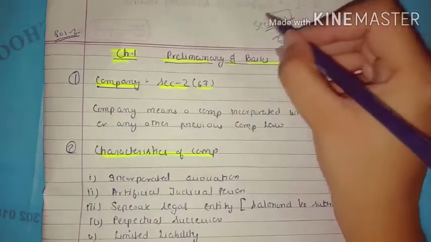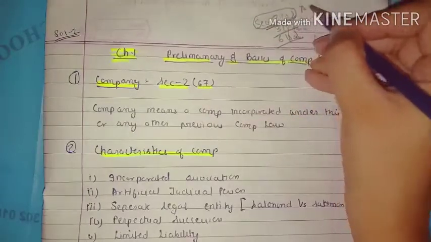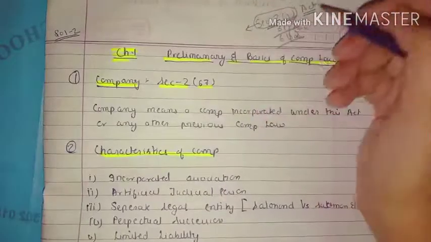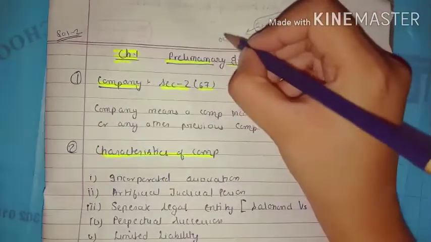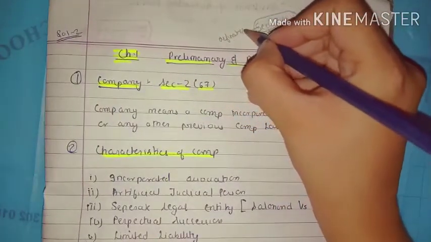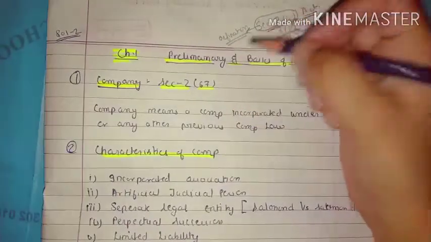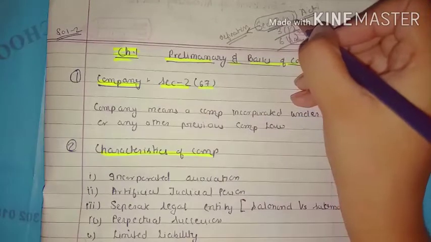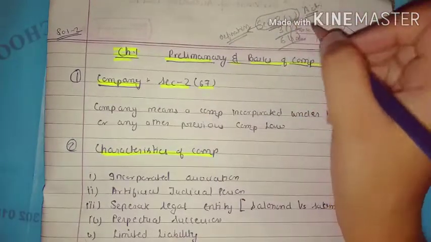Why? Because in section 2, normally in any act you will study, there will be definitions. So we call it section 2 clause 1. I hope you got that point.